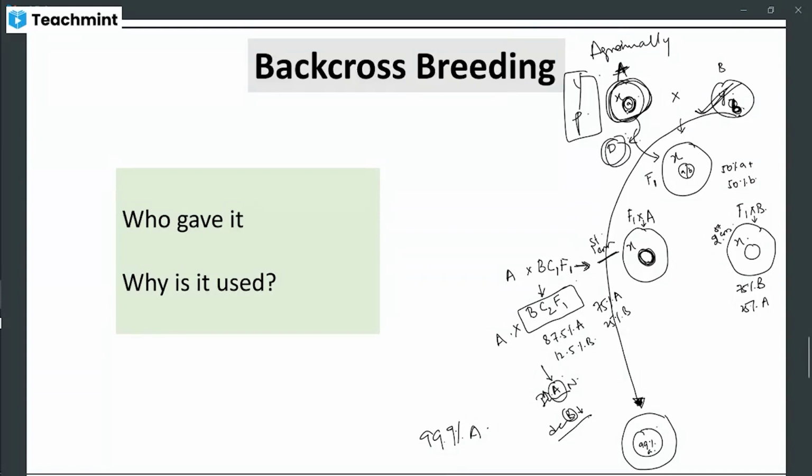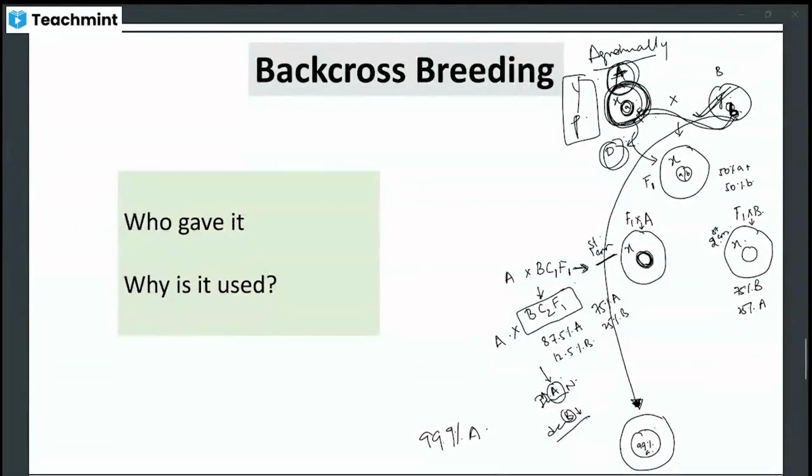So you need to transfer this resistance gene from the B genome to the A genome so that you have the agronomic superiority of A now incorporated with the gene from B, right? Is it okay? Yes, sir. Okay, so this is the main aim of your backcross breeding program.